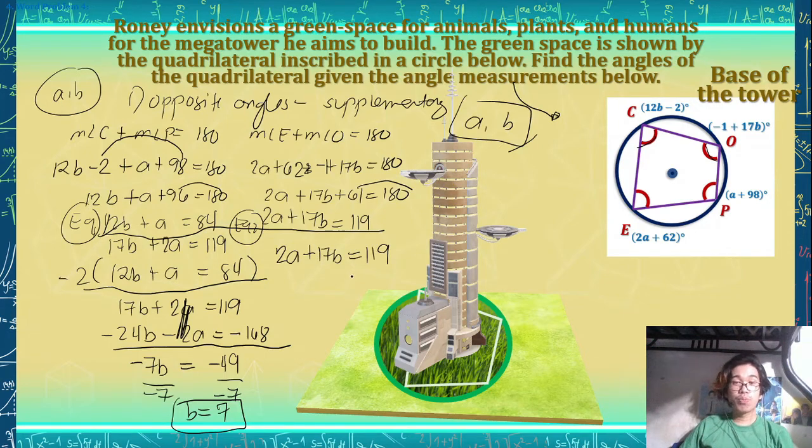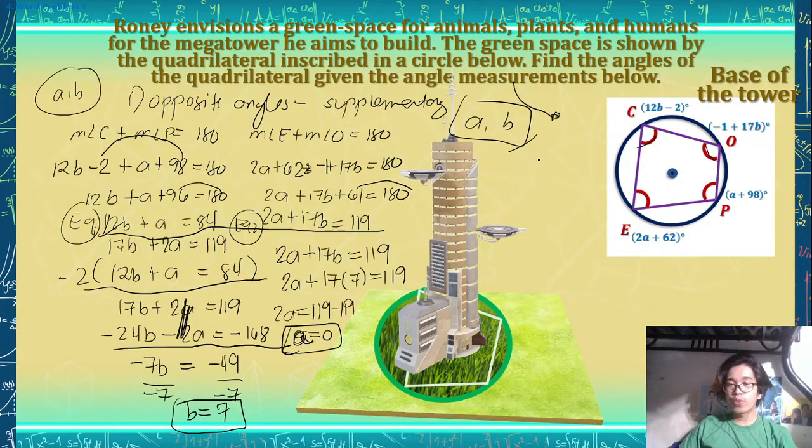So that's 2A plus 17 times 7 is equal to 119. What's 17 times 7, guys? 17 times 7 is equal to 119 itself. So 2A is equal to 119 minus 119, and therefore the value of A is just equal to 0.